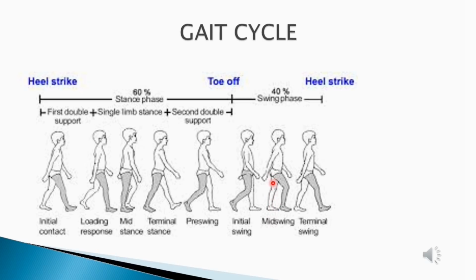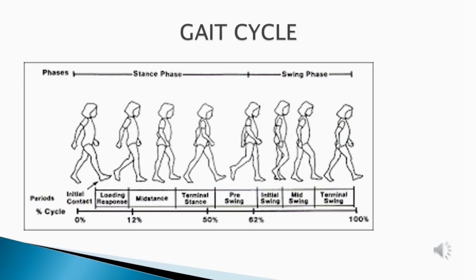The right lower extremity passes the midline of the body and begins to decelerate through mid-swing. And then finally, at terminal swing, the right lower extremity approaches a position of heel contact, which would then begin the next cycle of the gait cycle, or a second cycle of gait.